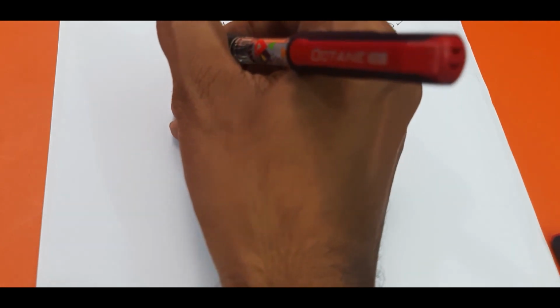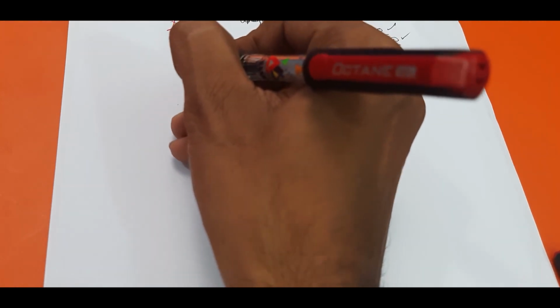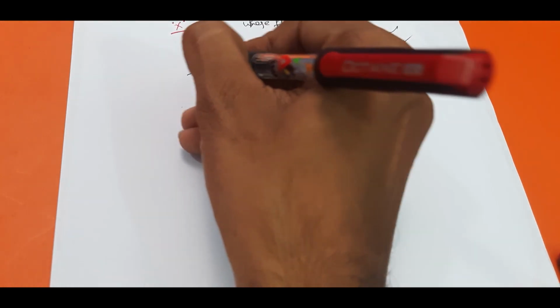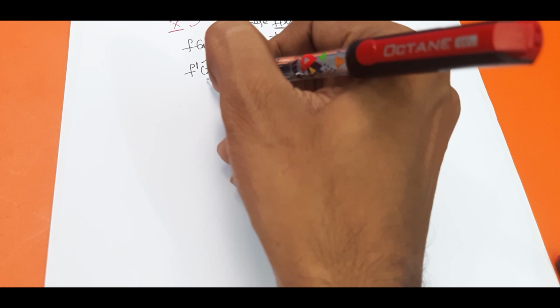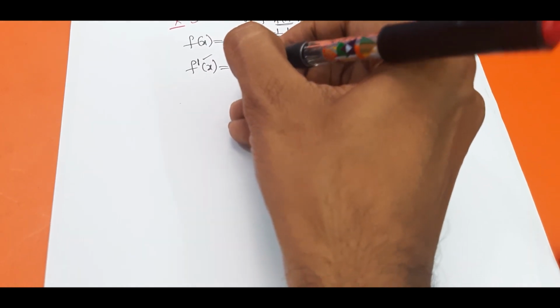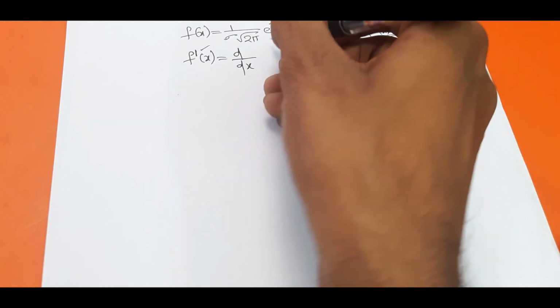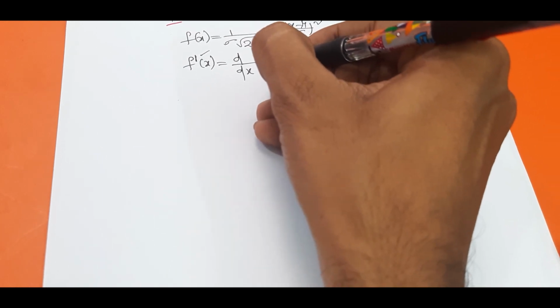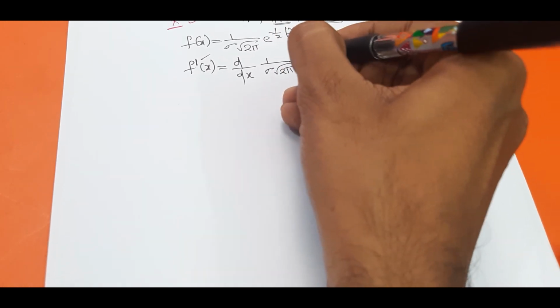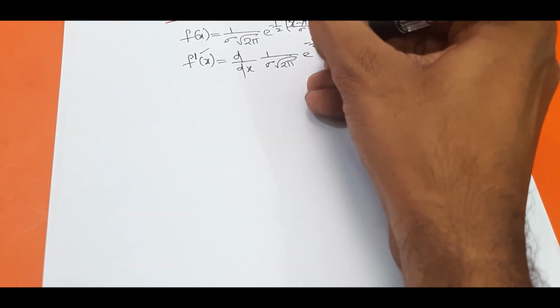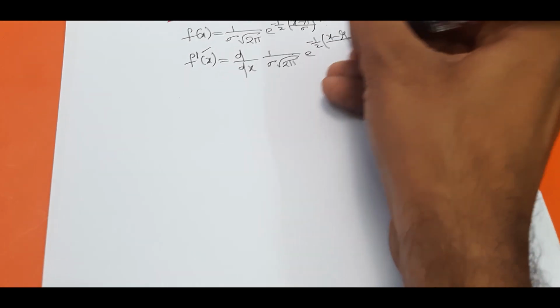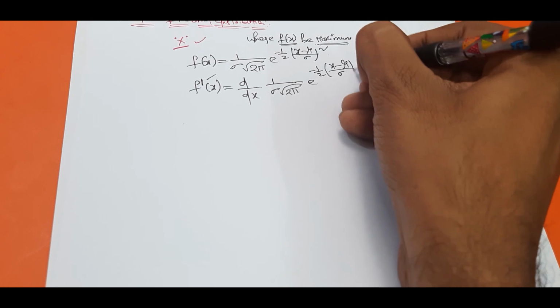So here, if you want to find f dash of x, dash means we have to apply differentiation. This will be d by dx of 1 divided by sigma into root 2 pi into e power minus 1 divided by 2 into (x minus mu divided by sigma) whole square.